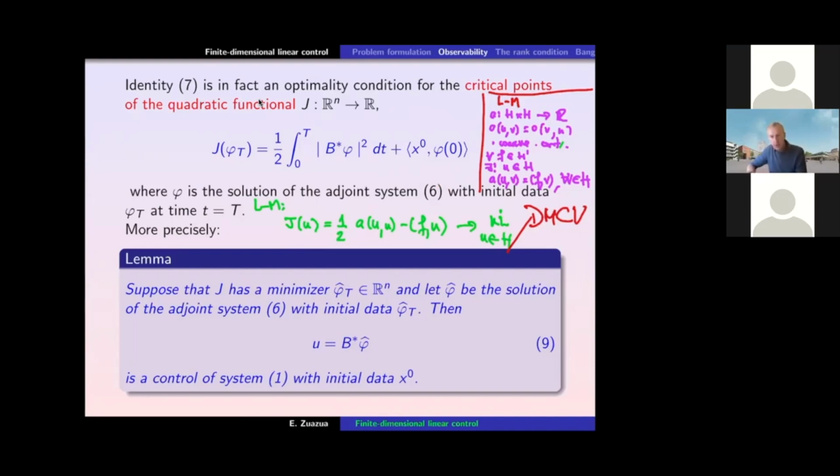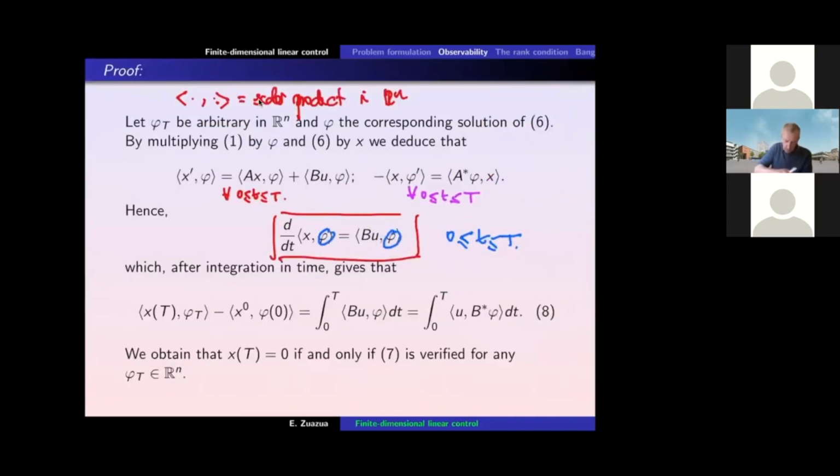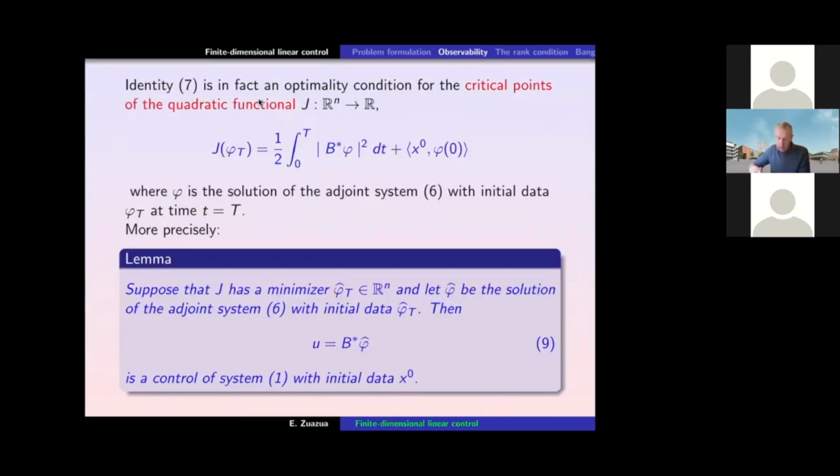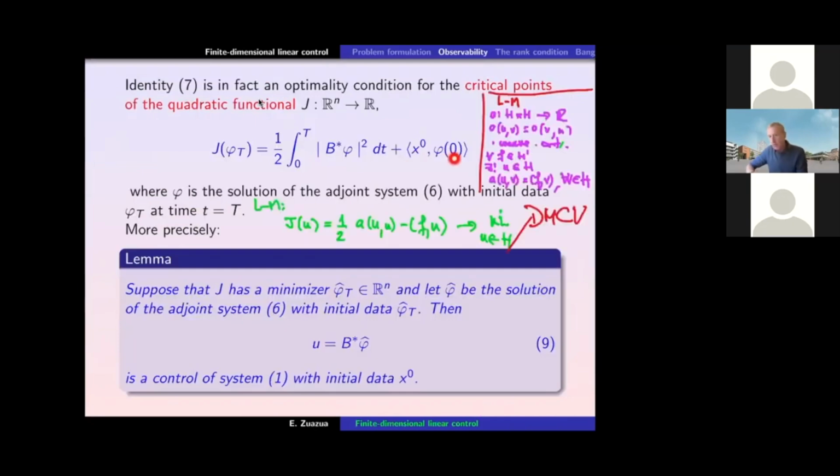What is this functional doing? Well, you take the adjoint system. So for every phi T, you compute the solution phi of this adjoint system, right? Out of phi, you have phi 0. You do the scalar product of the initial datum x0 to be controlled with phi 0.